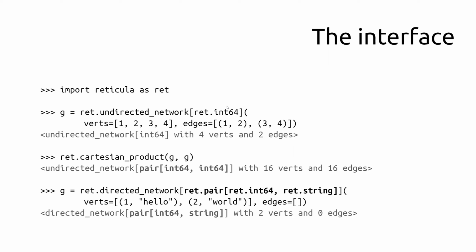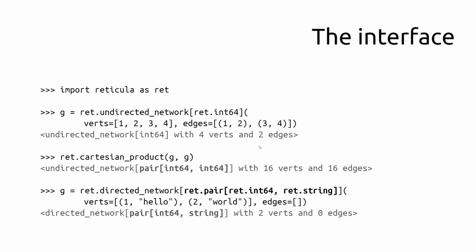Okay. So here, for example, you see that there's an undirected network where vertices are integers, and we give it vertices and edges, and it will create an undirected network with integer vertices. But the package also supports more complex types of vertices and edges.